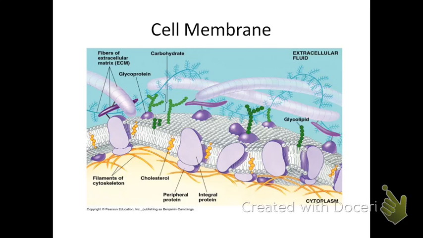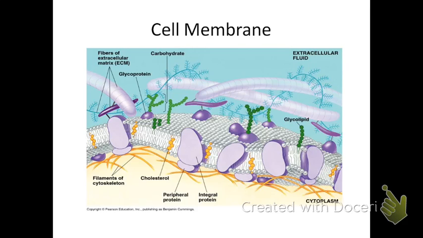The first one we'll look at is the integral proteins. Here's an integral protein. Here's an integral protein. So when we think about integral proteins, what does that mean? They run completely through the bilayer from the outside to the inside. The function is the transport of molecules and foundation, so it helps to maintain the integrity of the structure.